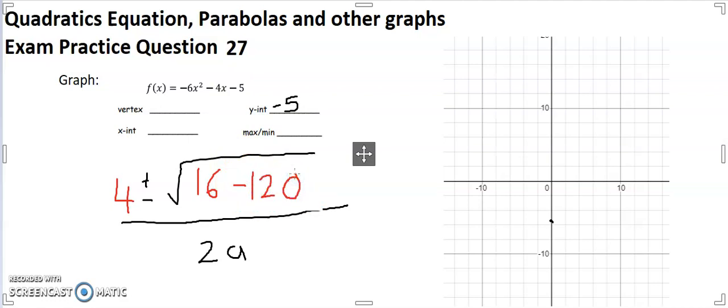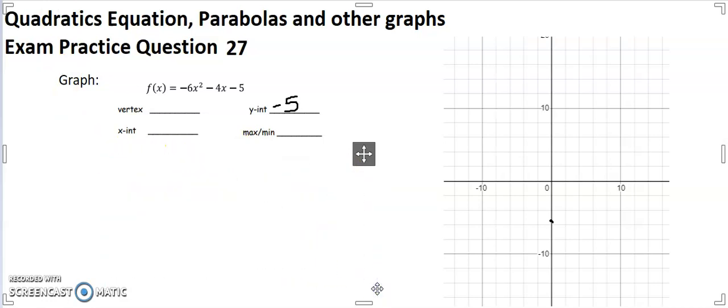Now straight away I'm going to stop because I know 16 take away 120 is a negative square root, which means there is no x-intercepts. And we can also see that we've got a negative here, which shows me that we are having a max.